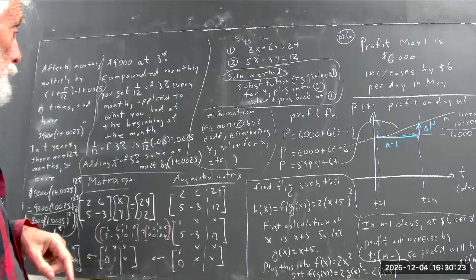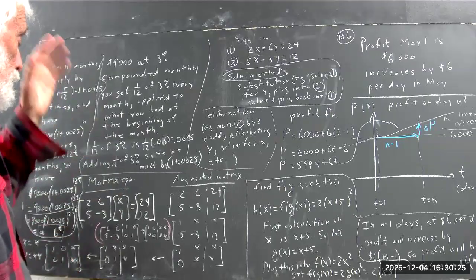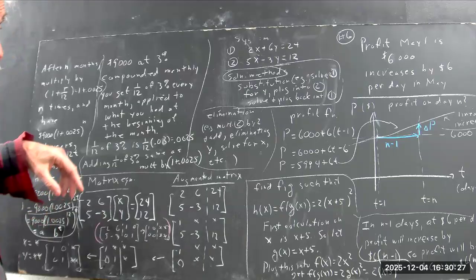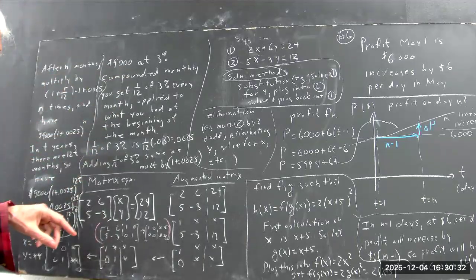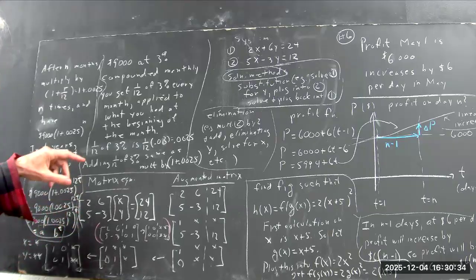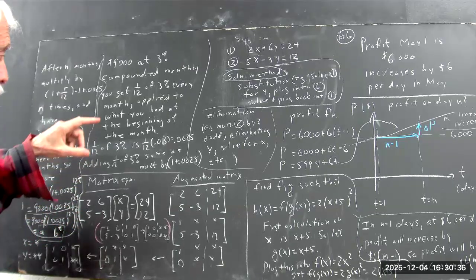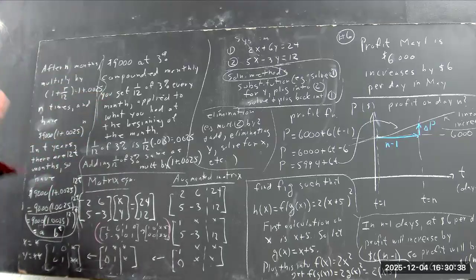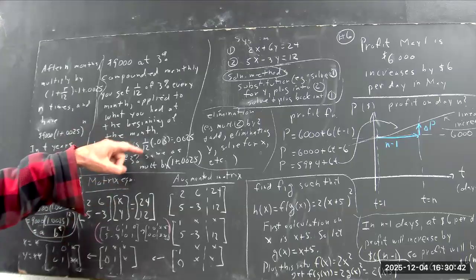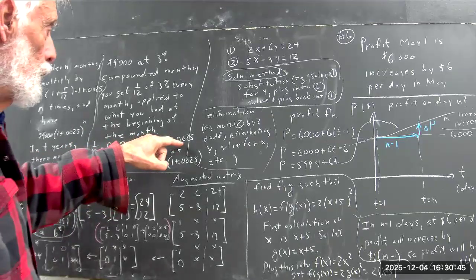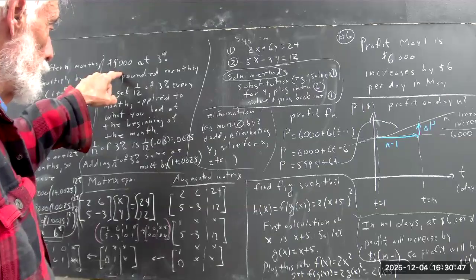So you got close to $20 more. I think you do the arithmetic. So what happens then is every month you get to add 1/12 of 3%, which is 1/12 of 0.03, which is 0.0025 of what you have here.